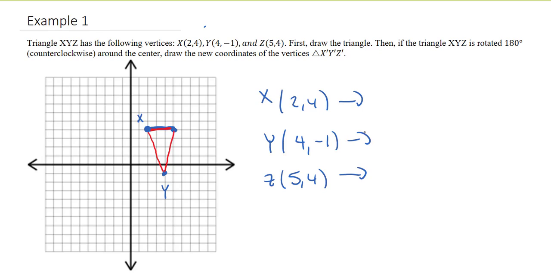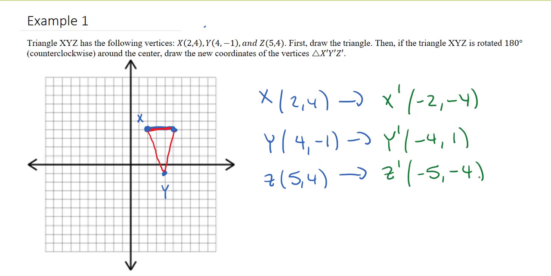Now, if we rotate, all we're going to do, and this is the really fun part, is go X prime, and then we just change, if this is positive, we change it to negative. So all we do is change everything to the opposite sign. So this is (4, -1), so now this is (-4, 1). Then for Z prime, we get (-5, -4).